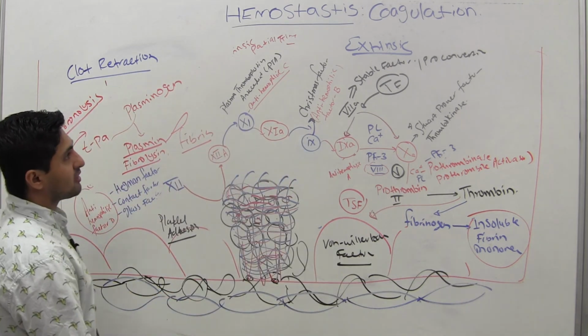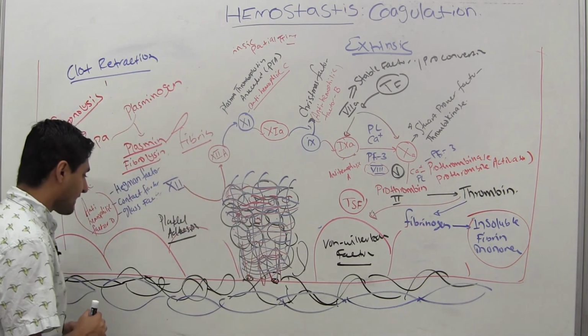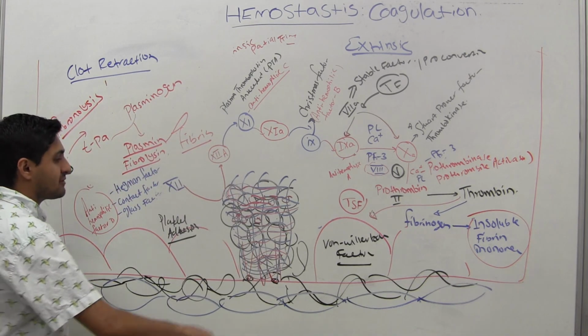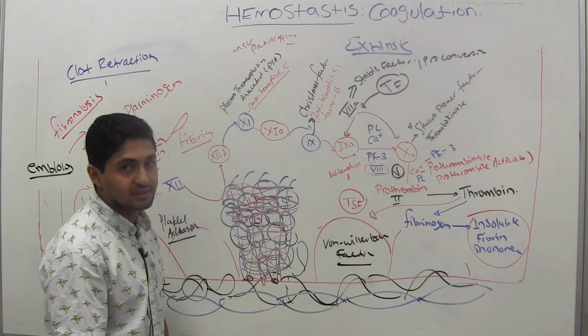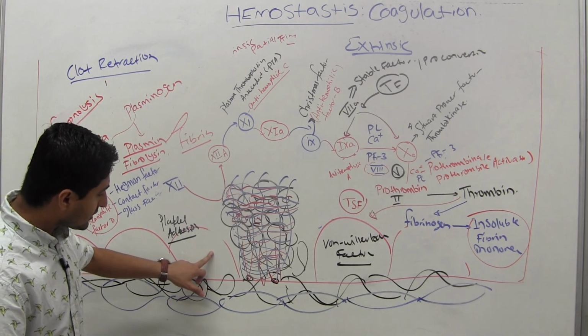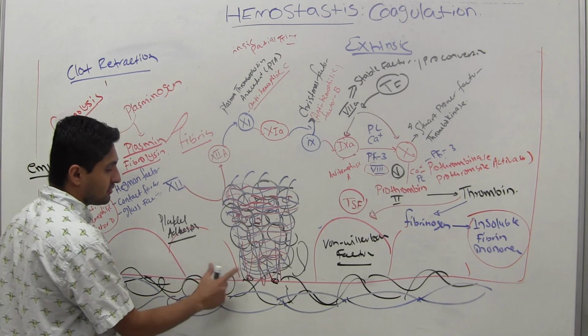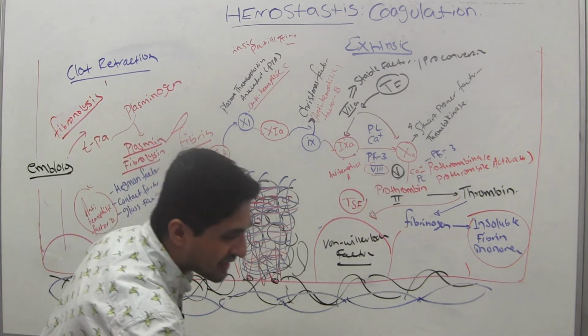You know, guys, we talked a lot about it, but I forgot to mention something very important. Whenever there are cuts or some damage to endothelial cells, I went and started talking about VWF and all that stuff, but the first step that happens is something called vascular spasm, all right?